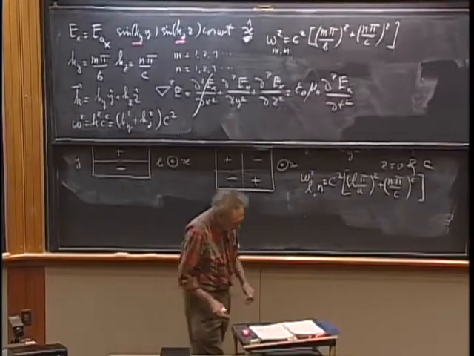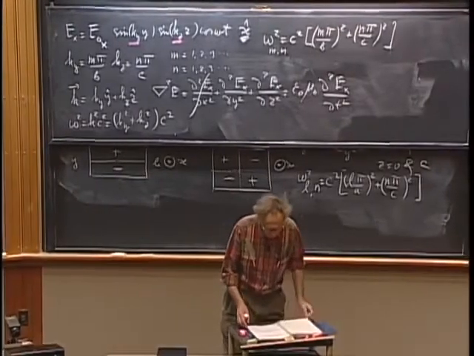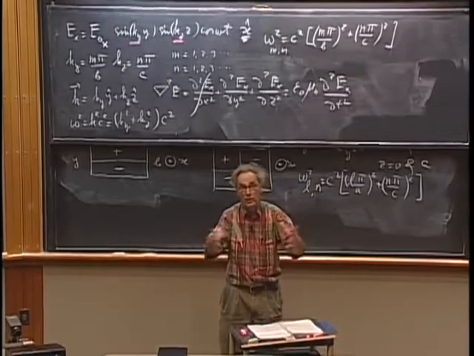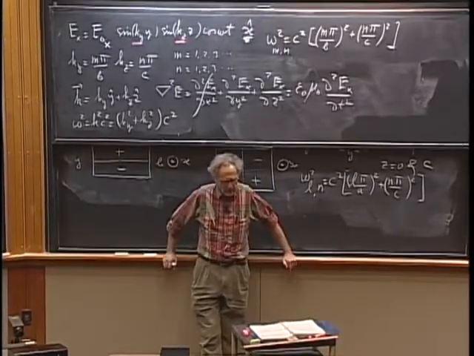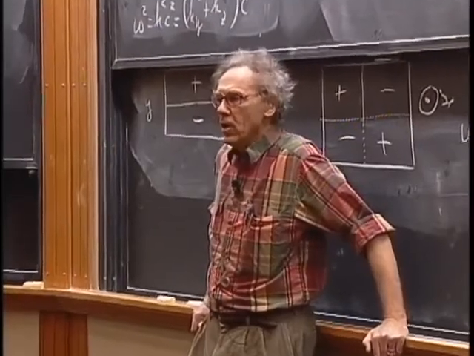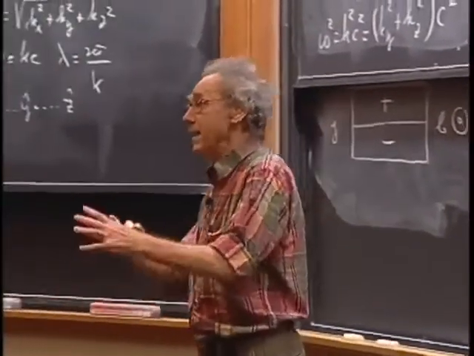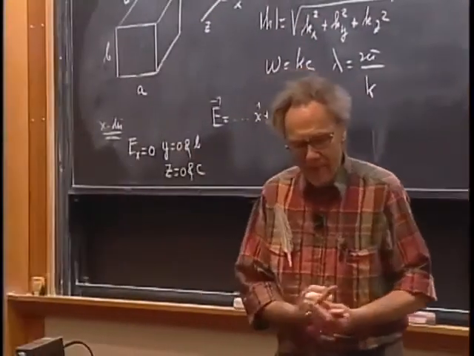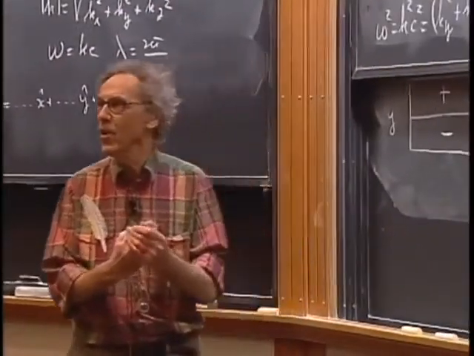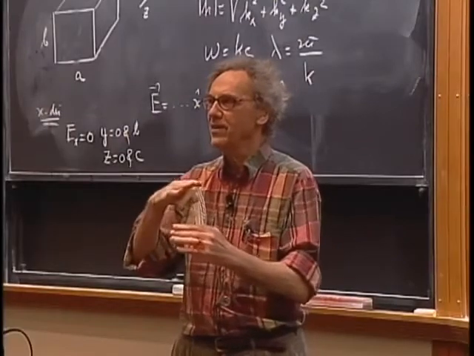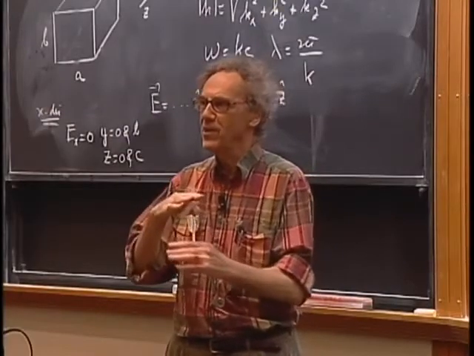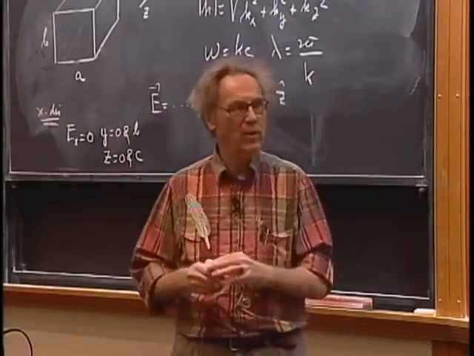which of course you can make up for yourself. Any linear combination of those would be fine, but it is also possible that I have an E vector which has a component x, y, and z, and that simultaneously all boundary conditions are met, so I don't just radiate linearly polarized radiation only in the x direction or only in the z direction.